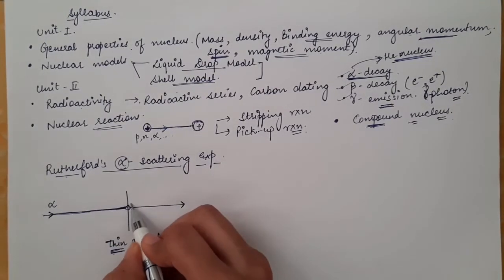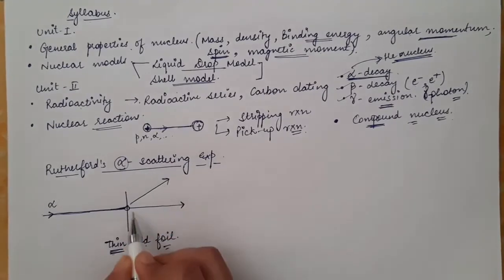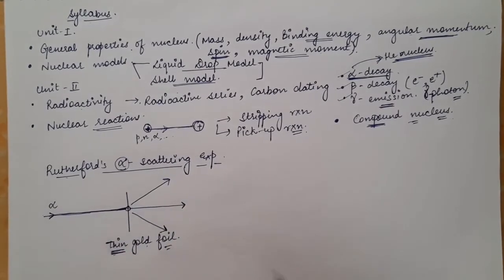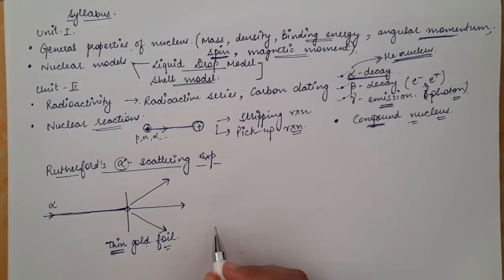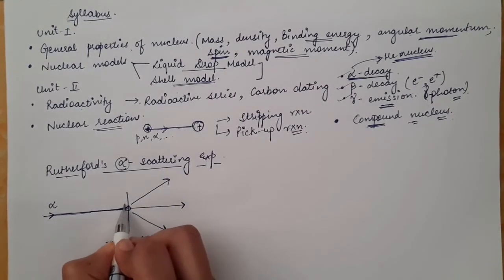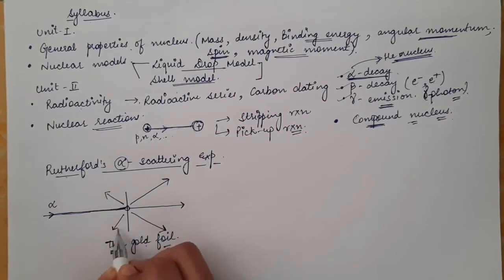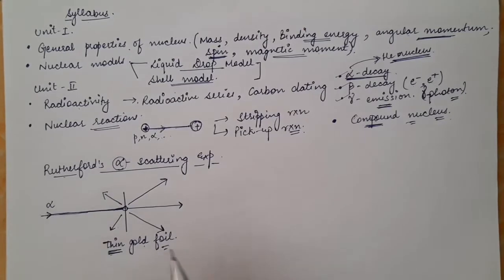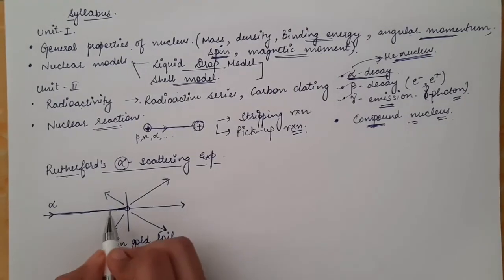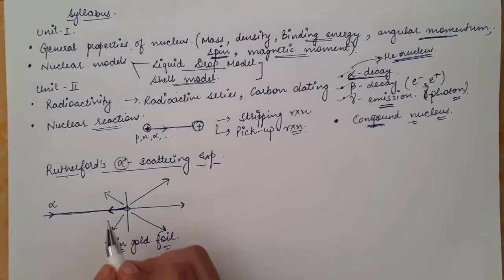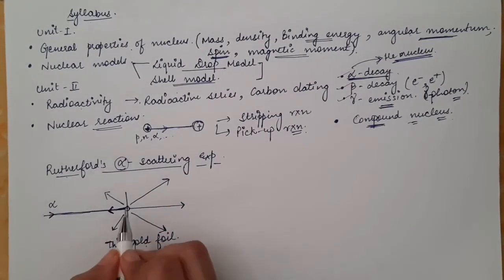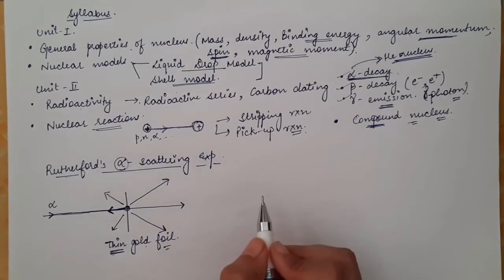Some of the alpha particles were scattered at acute angles, that is less than 90 degrees, and very few scattered at obtuse angles, that is greater than 90 degrees and less than 180 degrees, and very few alpha particles backscattered, that is, at 180 degrees they were thrown back by the nucleus of the gold.